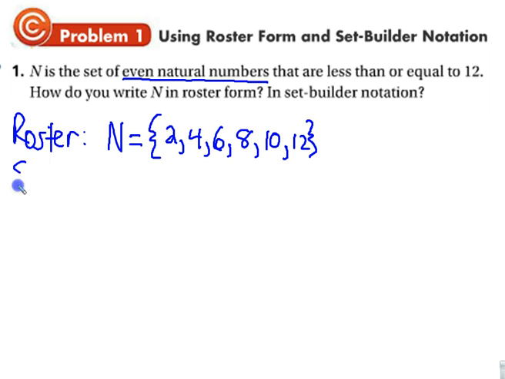And then set builder notation is going to look like this. Okay, so N such that N is, we write that N is an even natural number.